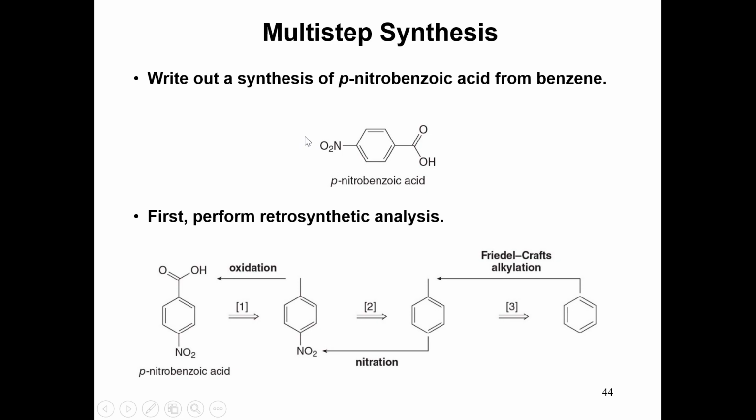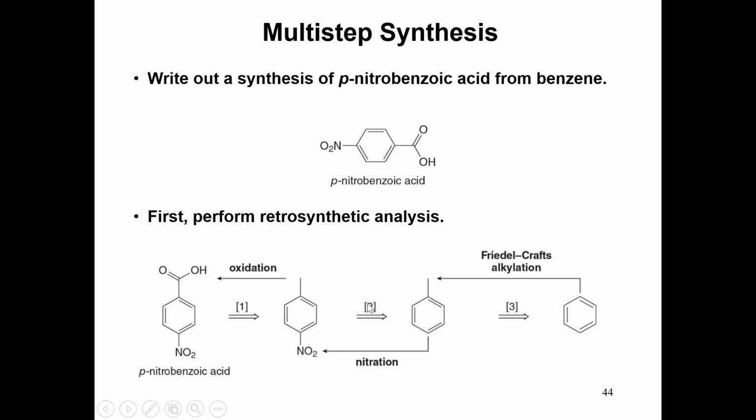By analyzing the two possible routes to make this molecule, I think the first one is better: introduce the methyl group first, then introduce the nitro group, then do the oxidation reaction. That's basically the thought process. From benzene, we do the Friedel-Crafts alkylation reaction to introduce the methyl group.